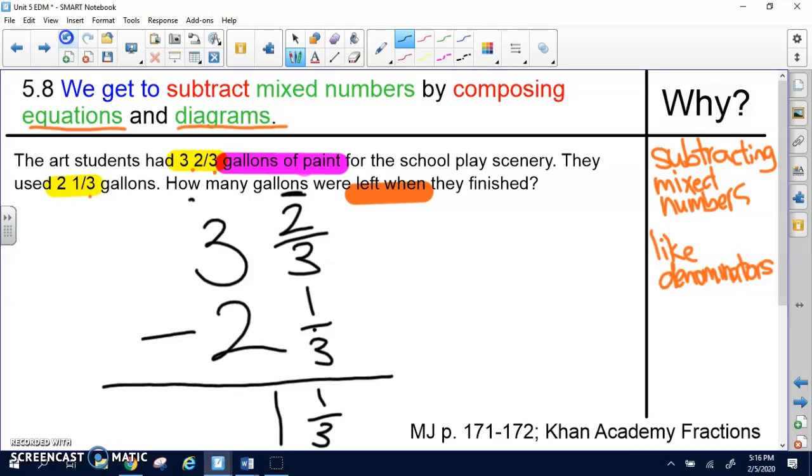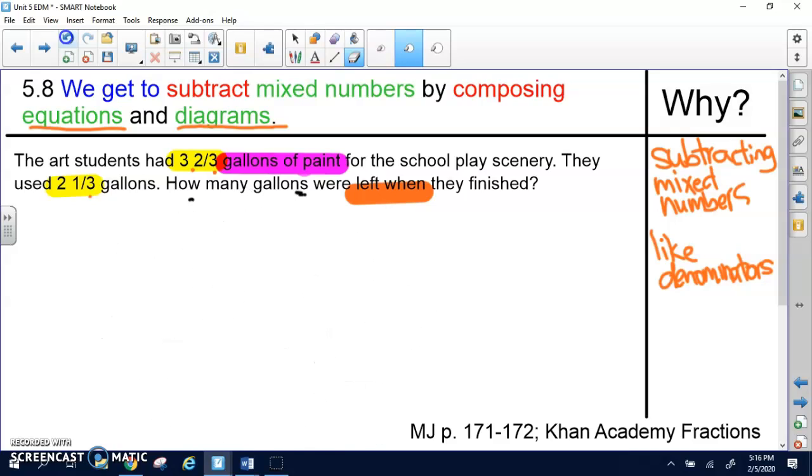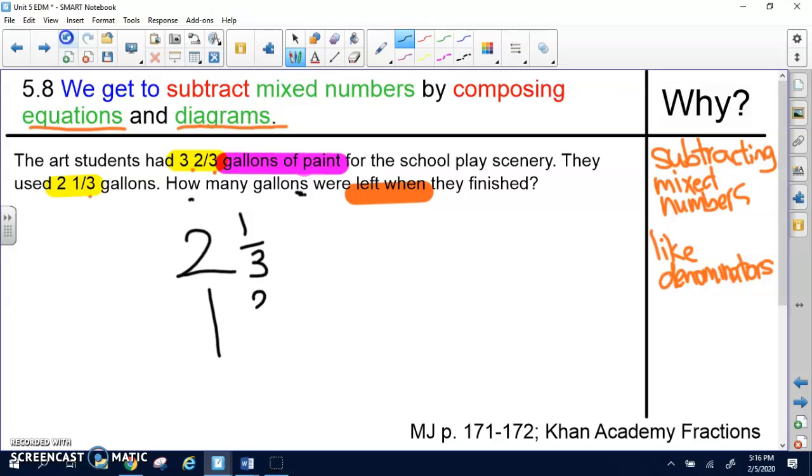There might be one other important thought for you to think about when you're doing subtraction with these mixed numbers. You might come to a number where the fraction that you're subtracting from is smaller than the fraction you're subtracting. For instance, we have 1/3 and 2/3. You can't take 2/3 away from 1/3.